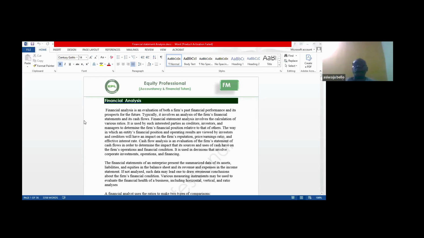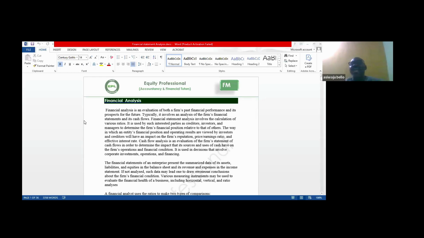We carry out evaluation of the statement of cash flow so as to determine the impacts that its sources and uses of cash flow have on the firm's operations and the financial conditions.